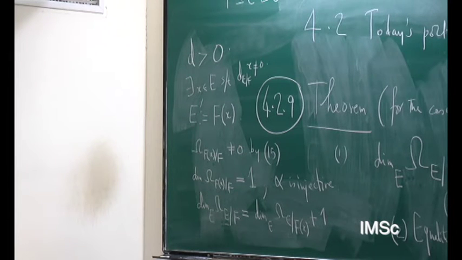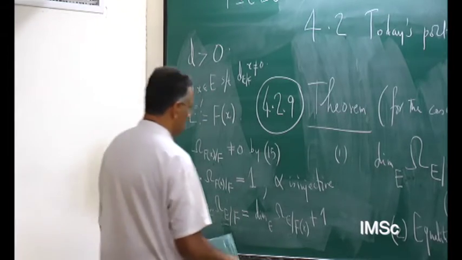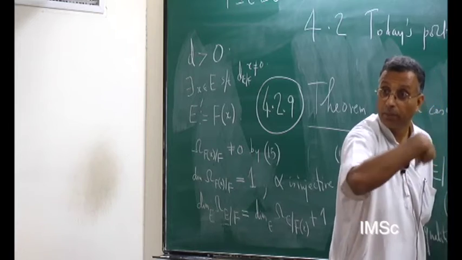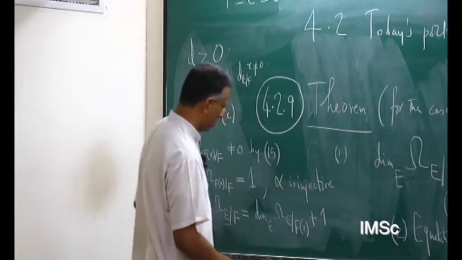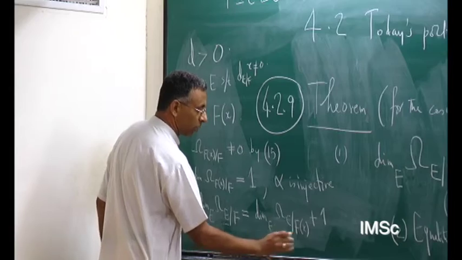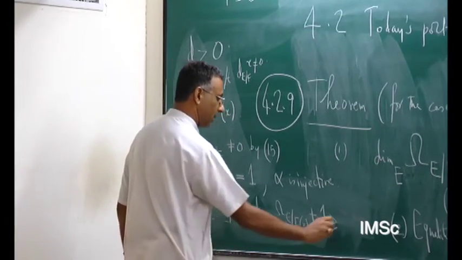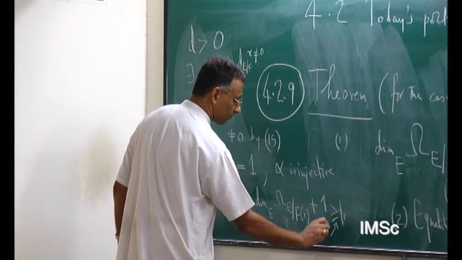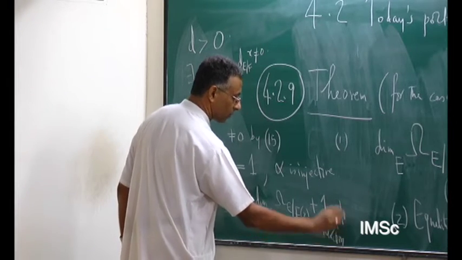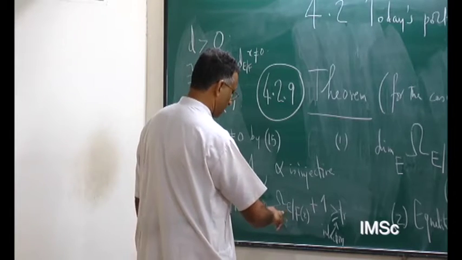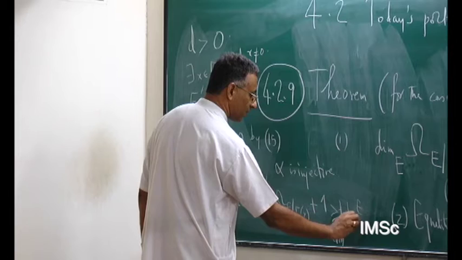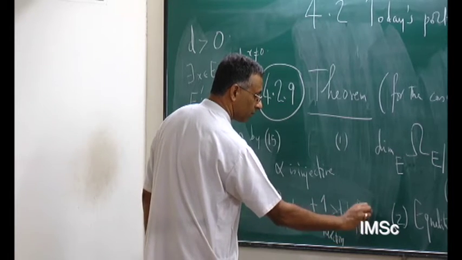So by induction, what do we know? This is bigger than or equal to this with the previous one, right? So this is bigger than or equal to the transcendence degree of, this is induction, the transcendence degree of E over fx plus 1.